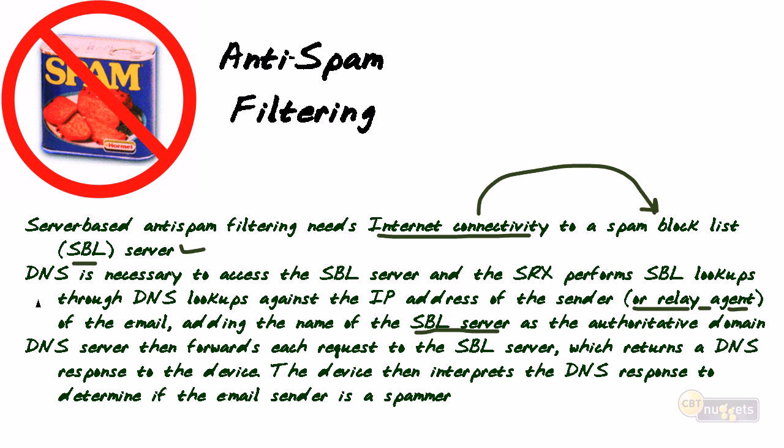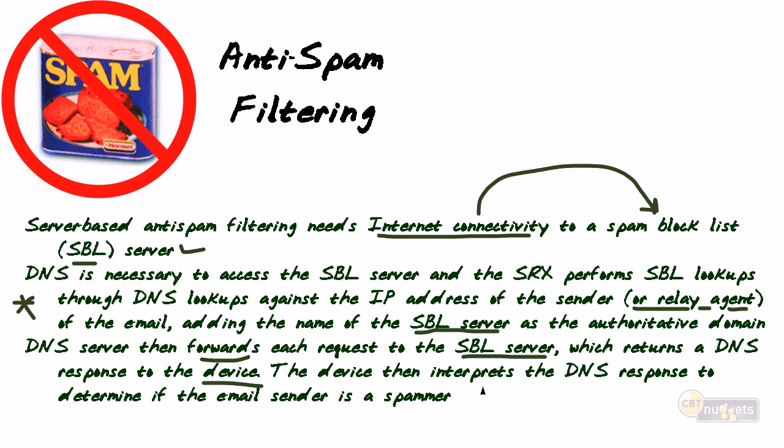Okay, now the DNS server will then forward every request to the SBL server, which is usually going to be a network load balance type server. So we're actually hitting a publicly routable logical address or virtual address that represents a cluster or a group of network load balance servers. These will return a DNS response to the device in our case being the SRX.